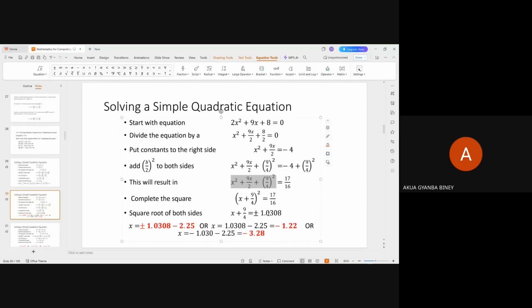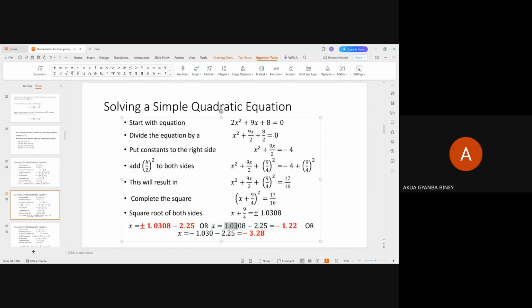So when you get this, you bring the constant on the left-hand side to join what is on the right, and then we simplify. So you get plus 1.0308 minus 9 over 4, or minus 1.0308 minus 9 over 4.